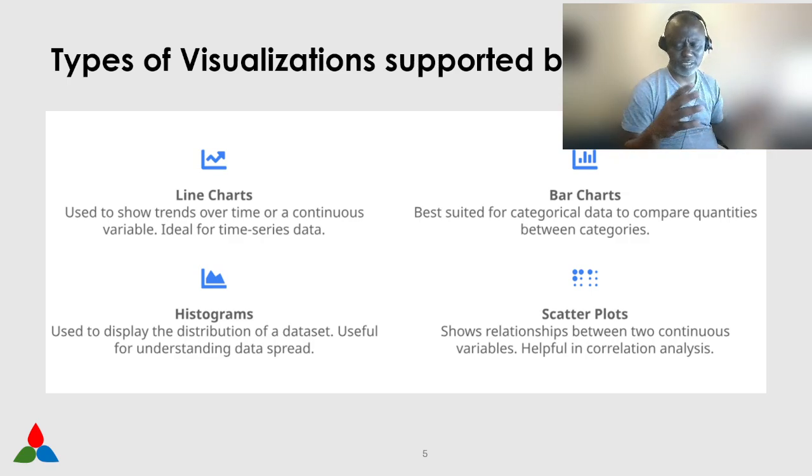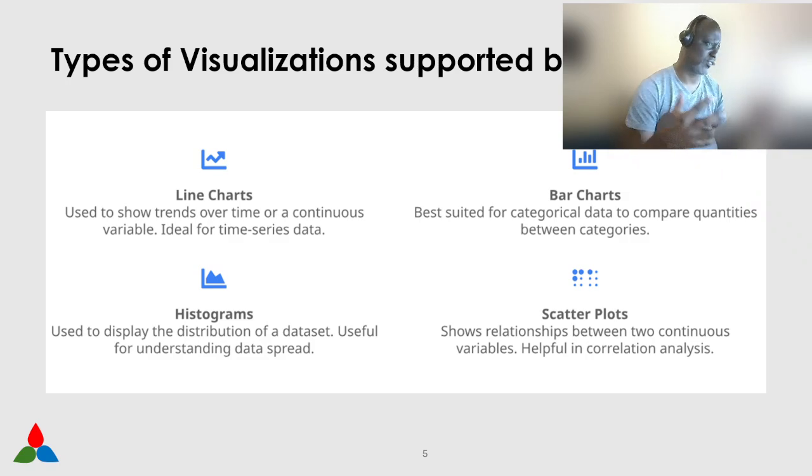There are four basic types of visualization you can use, based on the charts that are of interest to you, or based on the chart that represents the data set before you. I'll speak about the first one, which is the line chart. A line chart is for time series data.